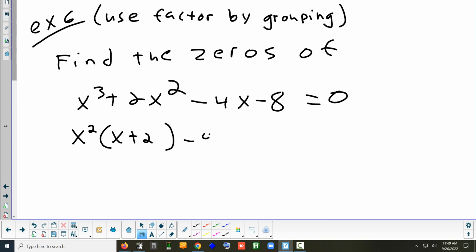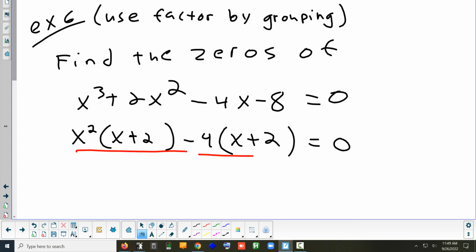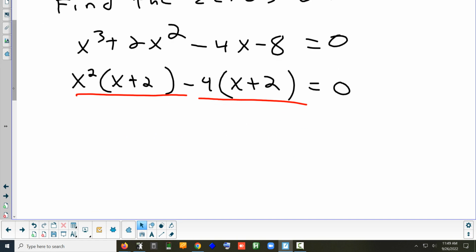We could try factoring out a negative 4. And what would that leave me with? X plus 2. This is how factor by grouping has to work. You get the same thing. Now, what does that and that both have in common? So now factor that out.